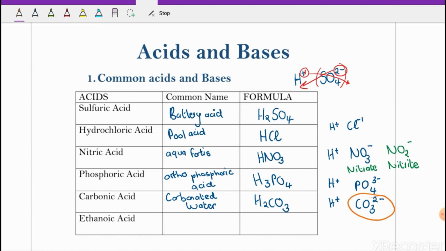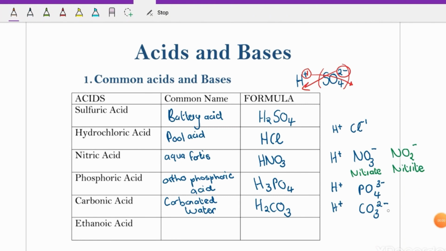ion or anion, we can always test for this. To test for a carbonate ion in your salt, we can add hydrochloric acid to it, and you will normally then observe fizzing or bubbling or some kind of effervescence, and that is going to be the carbon dioxide that will be released upon adding it to an acid.